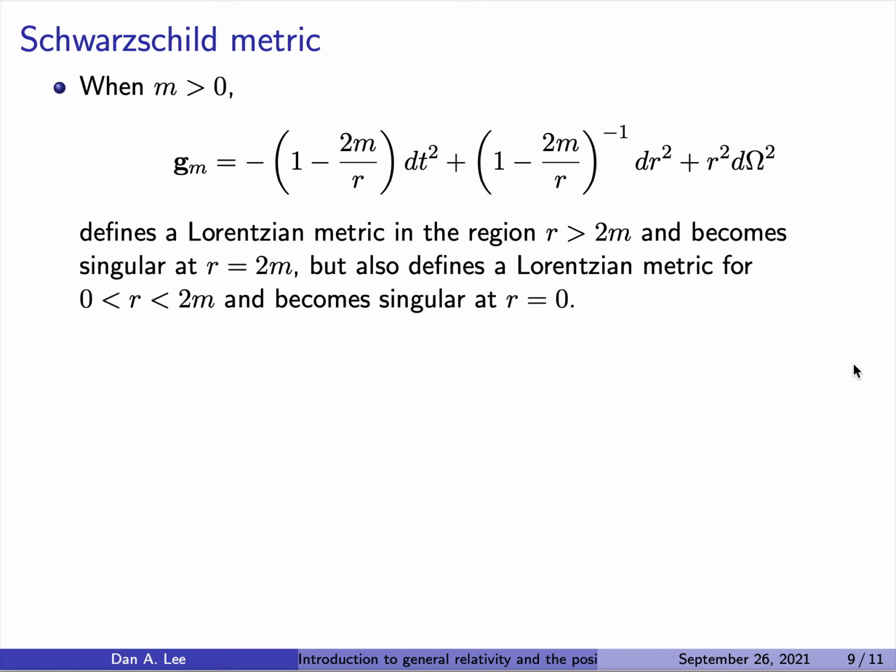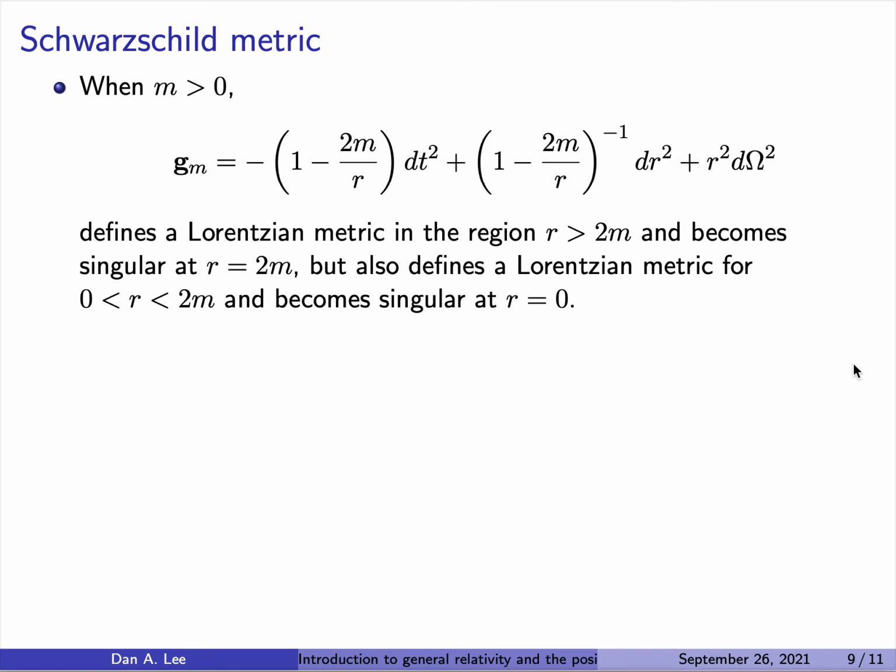except that the roles of dt and dr are kind of swapped. So when r is less than 2m, the term 1 minus 2m over r actually becomes negative. That means in this formula, the dt squared has a positive coefficient, the dr squared has a negative coefficient. So in that sense, the dr direction is like time-like, and the dt direction becomes space-like. So it kind of swaps that.